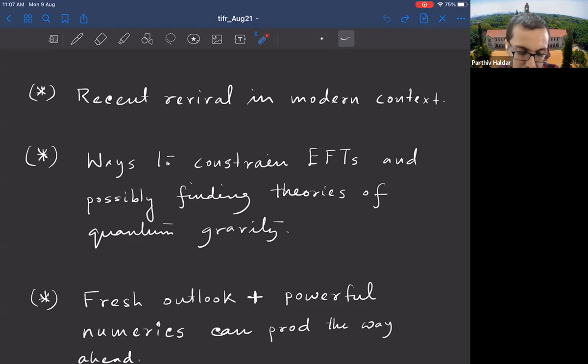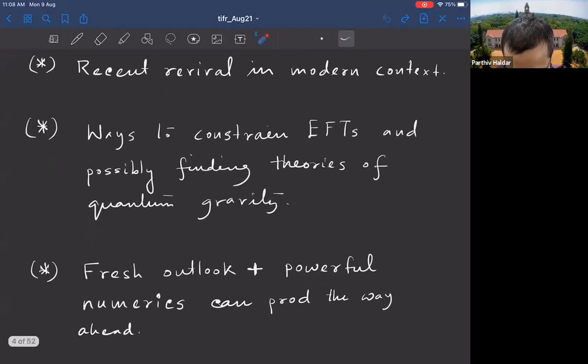So to speak, if there is a UV S-matrix satisfying this property, what the low energy amplitudes or theory would look like. Obviously, in order to proceed, we need some fresh outlooks and some powerful numerics that can prod the way ahead.